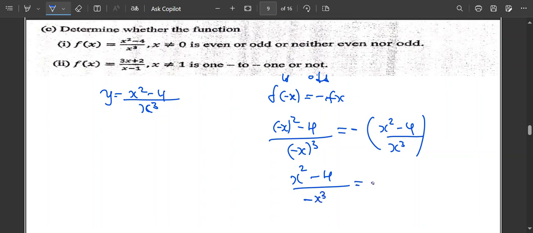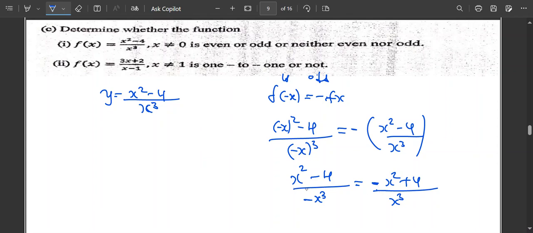Then here I have this negative, so this negative makes it negative x squared, then here it becomes plus 4, then here I have x to the power 3. I've just distributed this negative throughout.